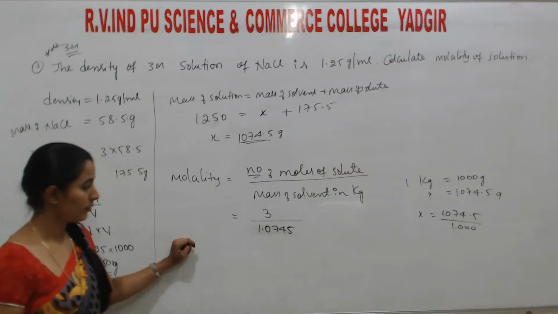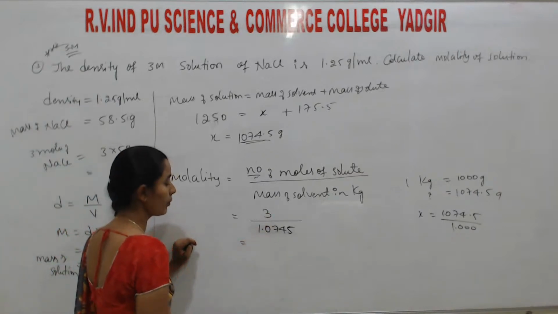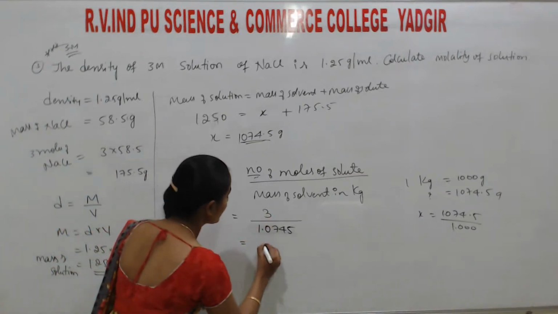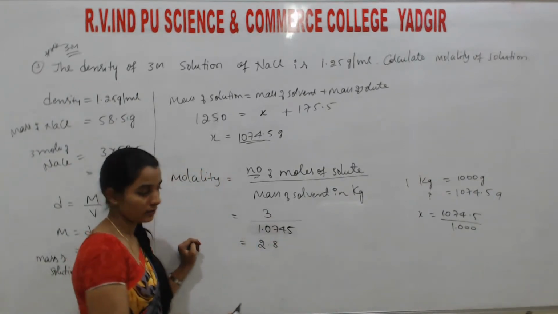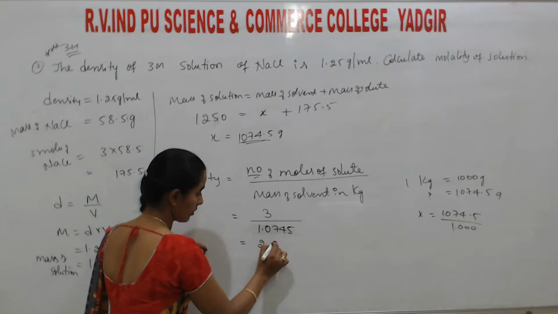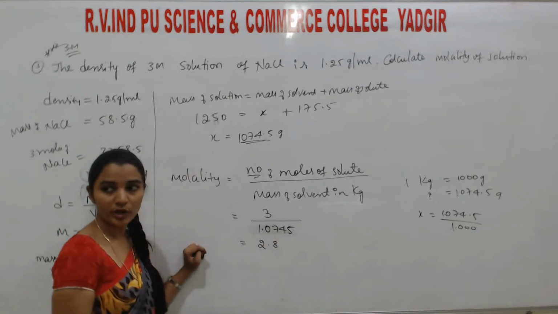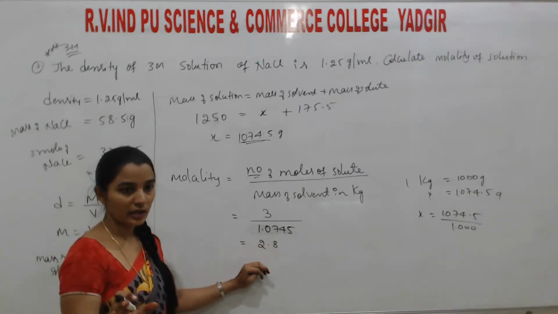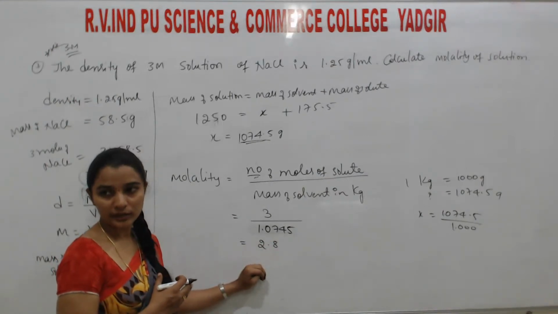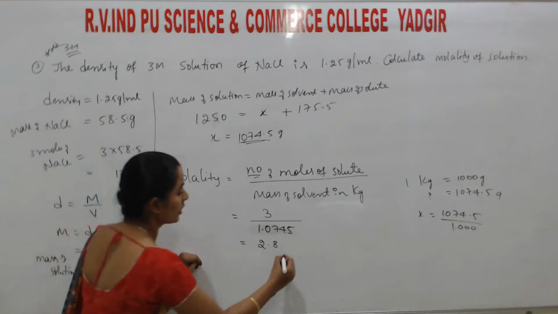Understand? So obviously students, 3 divided by 1.0745 means this is approximately 2.89 like that. Okay, 2.75, 2.8, 2.9. Approximate one you are writing. Not exactly. Your calculator is there, you just use calculator.